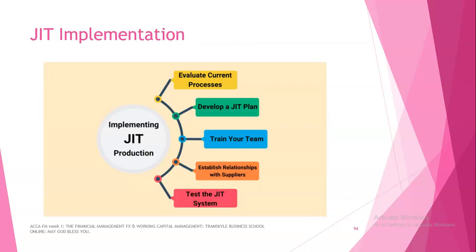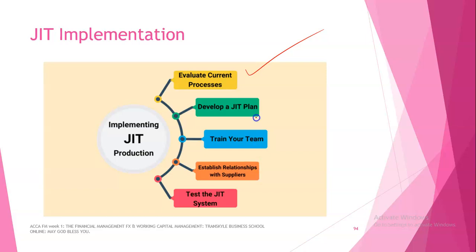So to implement the just-in-time system, we need to evaluate our current processes. You don't just walk up and say, we are now a just-in-time entrepreneur or a just-in-time company. No. We need to evaluate our current processes, okay, to actually invest in informed studies and research to understand our current position analysis.